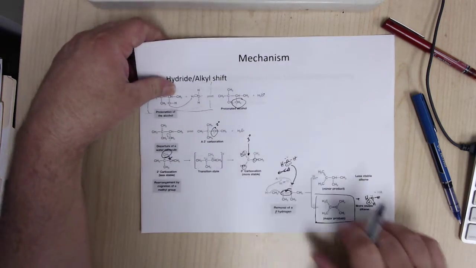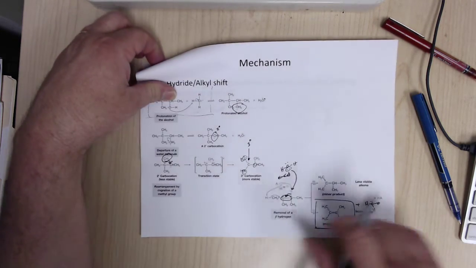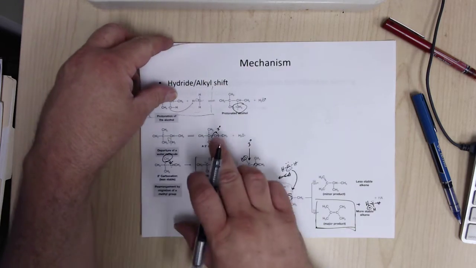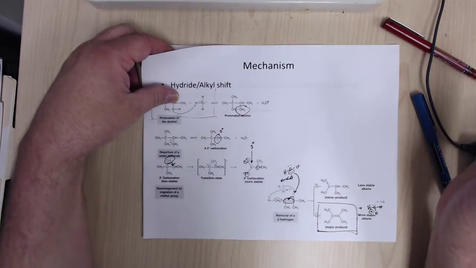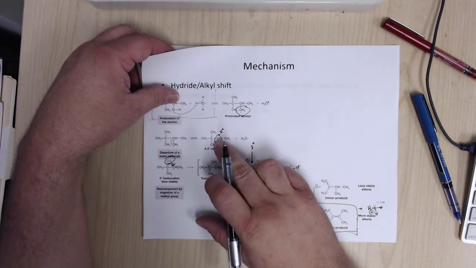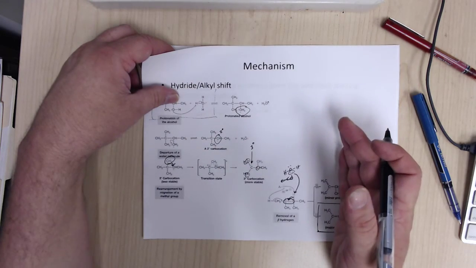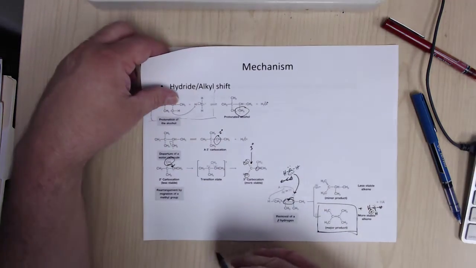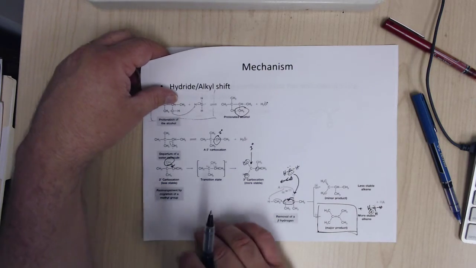Okay, but this is the same. This is the reaction that happens with all of them. Okay, the leaving group's going to go away, leaving the carbocation. It's going to shift over, and then your base is going to come in to rip off the hydrogen.